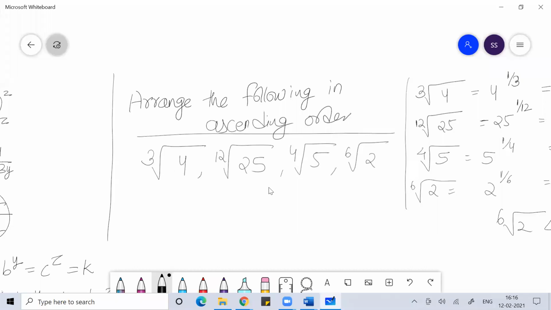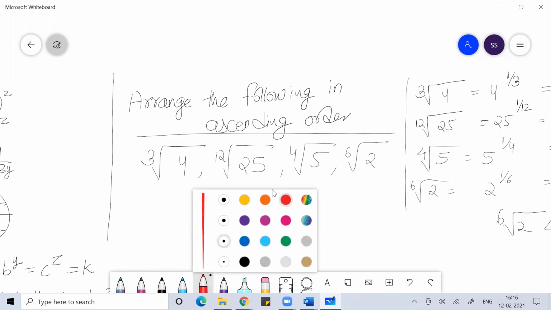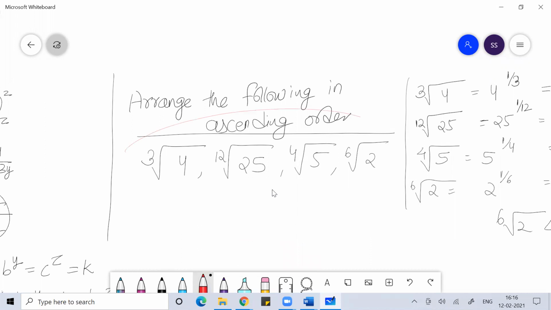This was your question, that you had to arrange these in ascending order. Whenever you have to arrange them in ascending order, like whenever you have to compare two numbers and their powers are different, then what is the possibility? Either you make the base equal or you make the power equal.